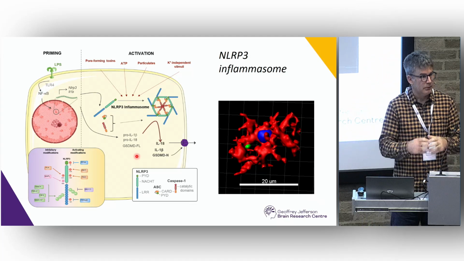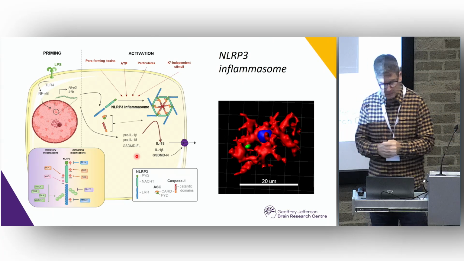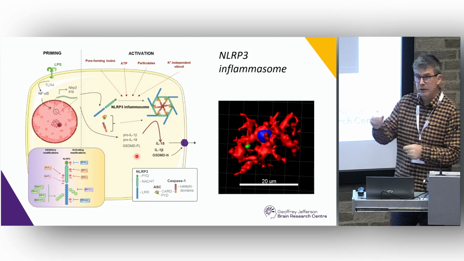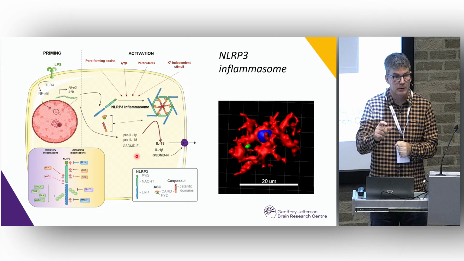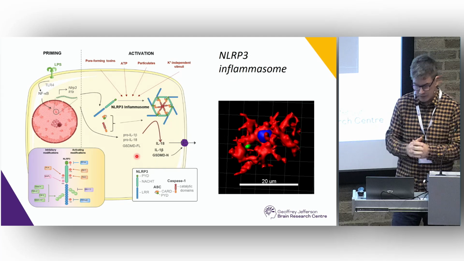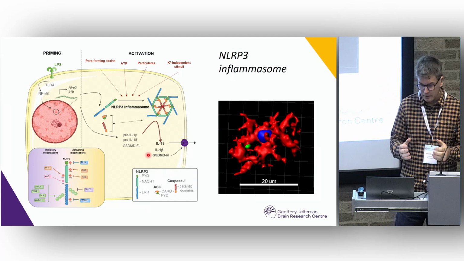And this primed cell then requires to encounter a second stimulus. And there are a number of different stimuli that can activate NLRP3. Now, none are described to directly interact with NLRP3. Rather, they converge on some signal that results in the activation, the post-translational modification of NLRP3 and its activation.